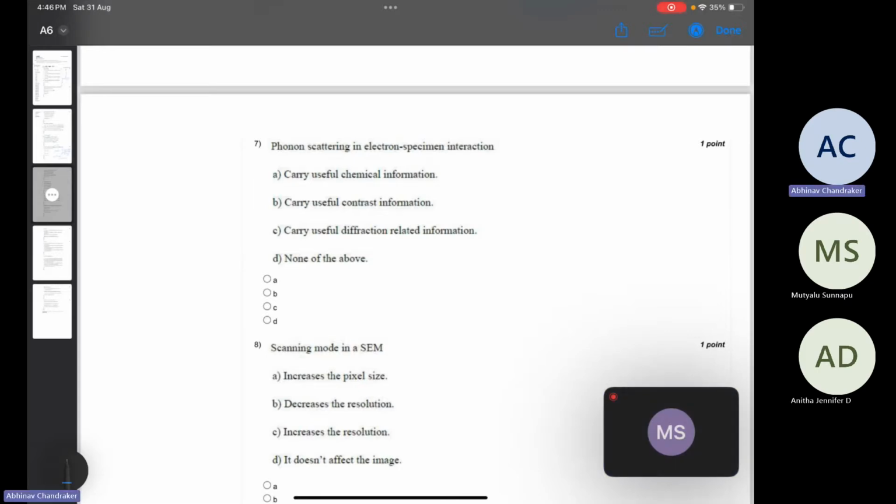Actually, phonon has to do with the electronic structure of the atom. Basically, when you have an atom and an electron approaching the atom at a very high energy, there will be some interactions between the electrons of the atom as well as the nuclei.